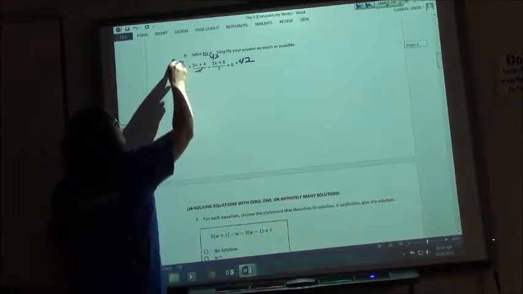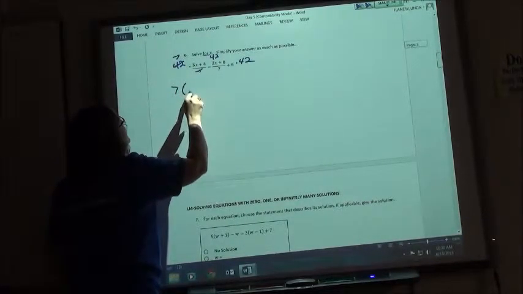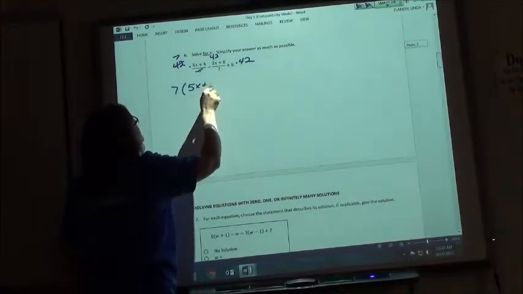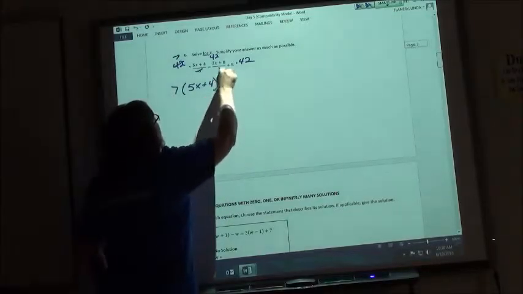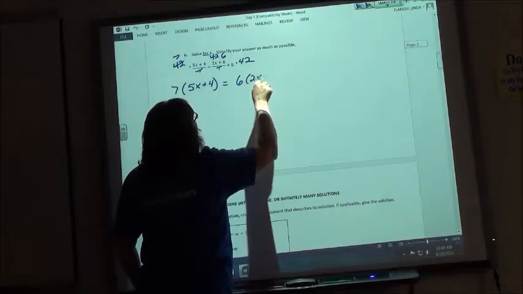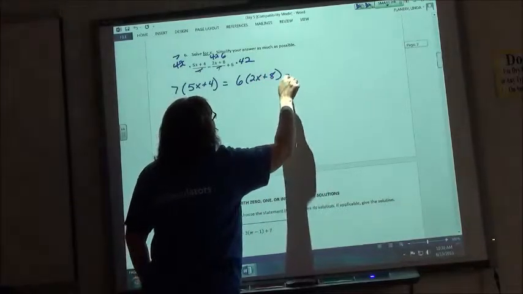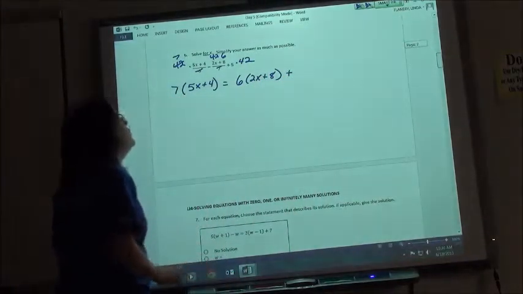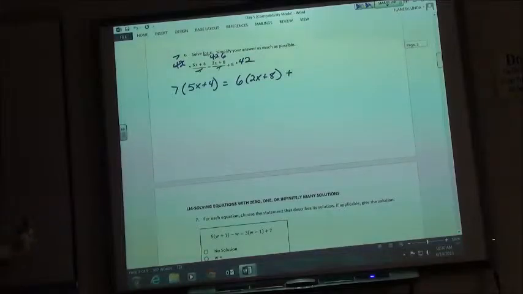6 goes into 42 7 times, so I have to take the 7 times the 5x plus 4. 7 goes into 42 6 times, so I'm going to take the 6 times the 2x plus 8. And then I have to take 5 times 42, which I believe is 210, but I'm going to check for sure. Yes, 210.